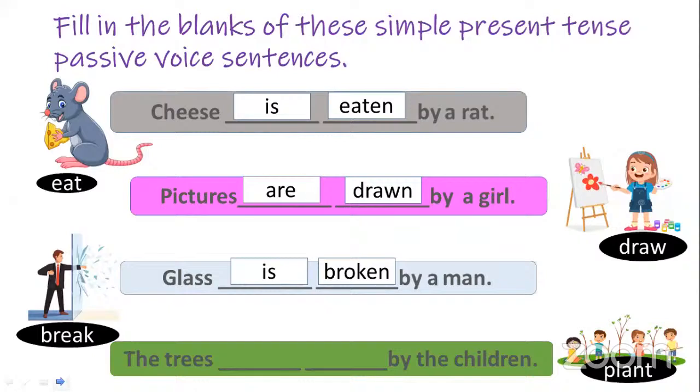Is broken by a man. The verb should be changed into past participle form, broken. Next, the trees. The trees are planted by the children.